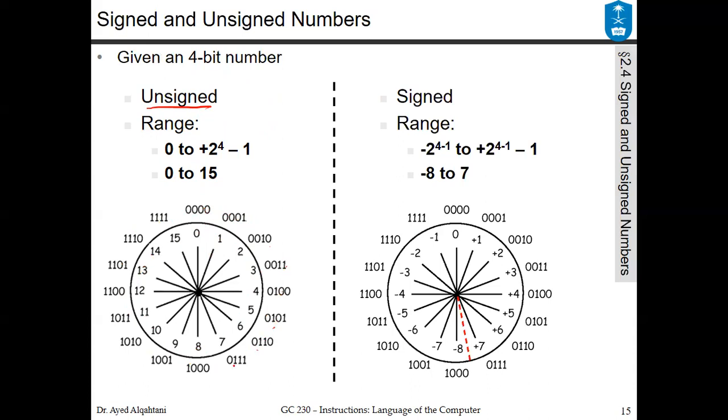This is the binary representation for the numbers. This is 7. After that, we have 8, and so on, all the way to 15.